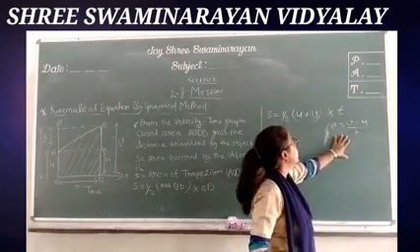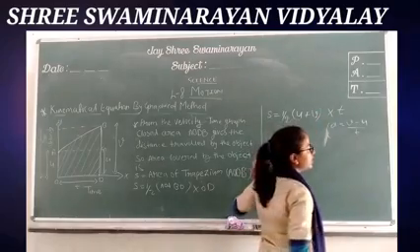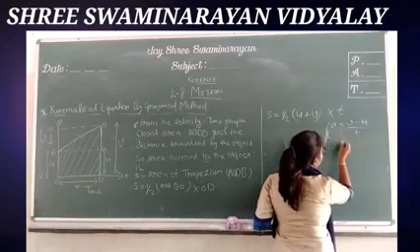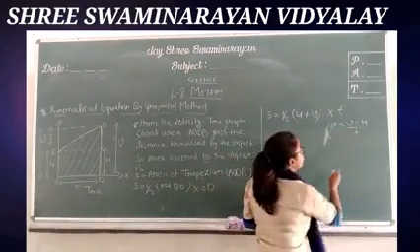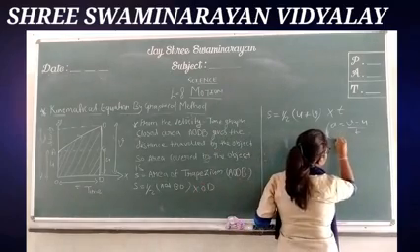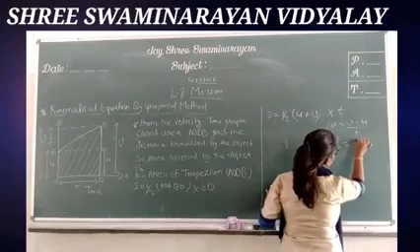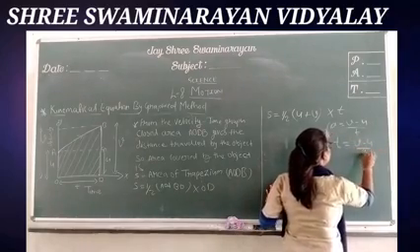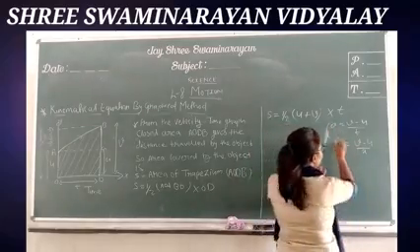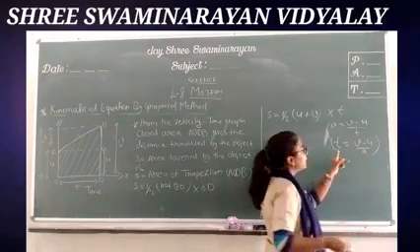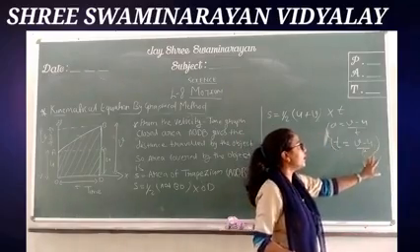So when it shifts this side, it will be in the multiplication form of a, but we want the value of only t, so we have to put t as single, so t is equal to v minus u by a. The t has shifted here and a we have shifted here. So now we have the value of t, that is t is equal to v minus u by a.